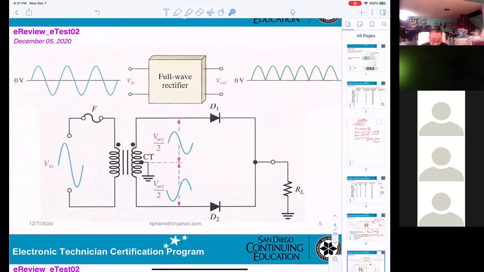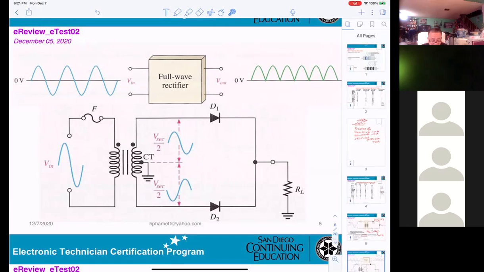Now you can see the transformer. What type of transformer is this?